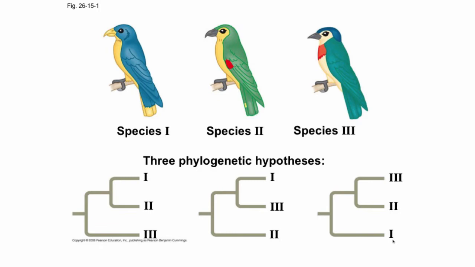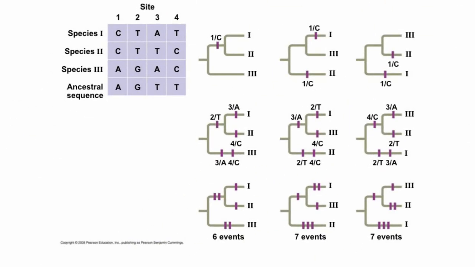We could look at colors, we could look at beak shape, we could look at tail length, we could look at any host of morphological features, but that often results in categorizing or classifying organisms by analogous traits. A more objective approach would be to use nucleotide sequences.